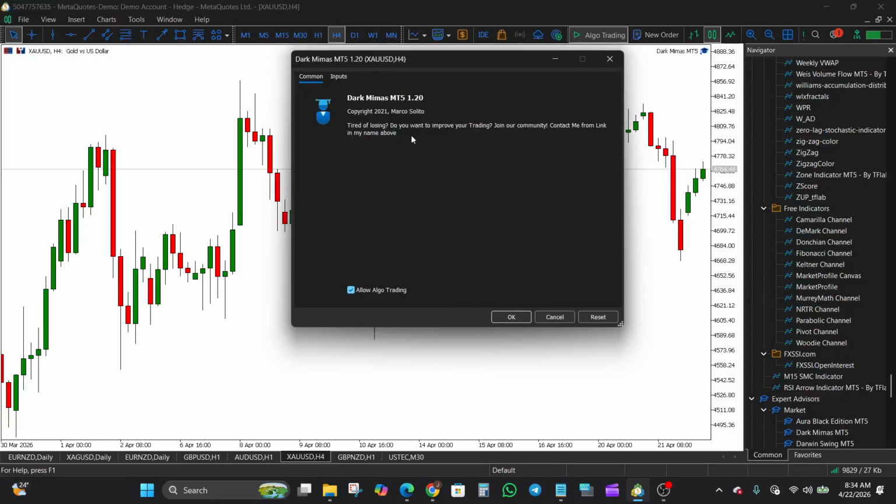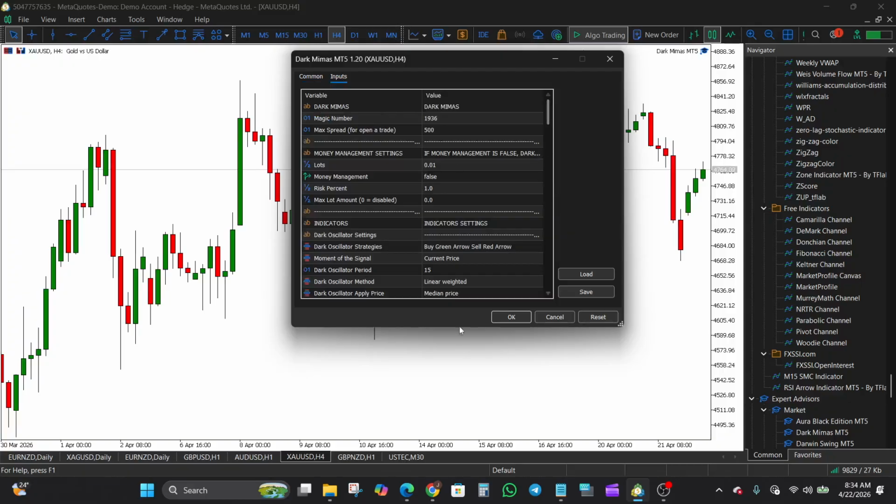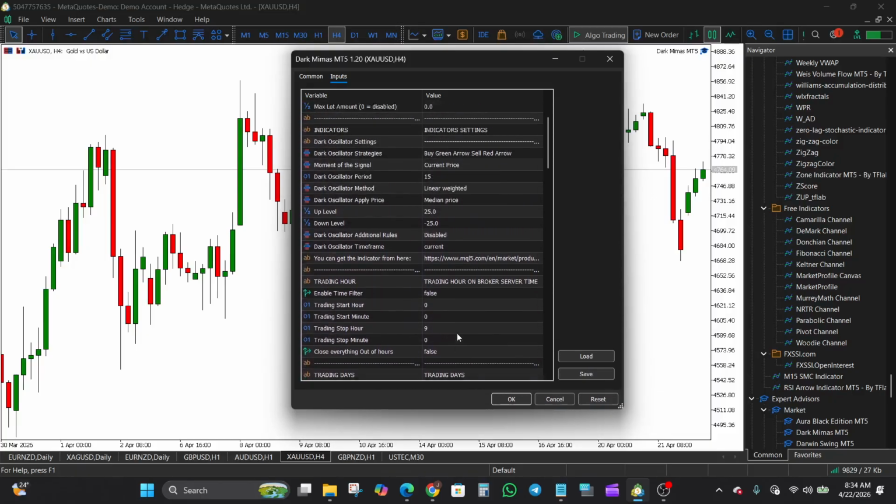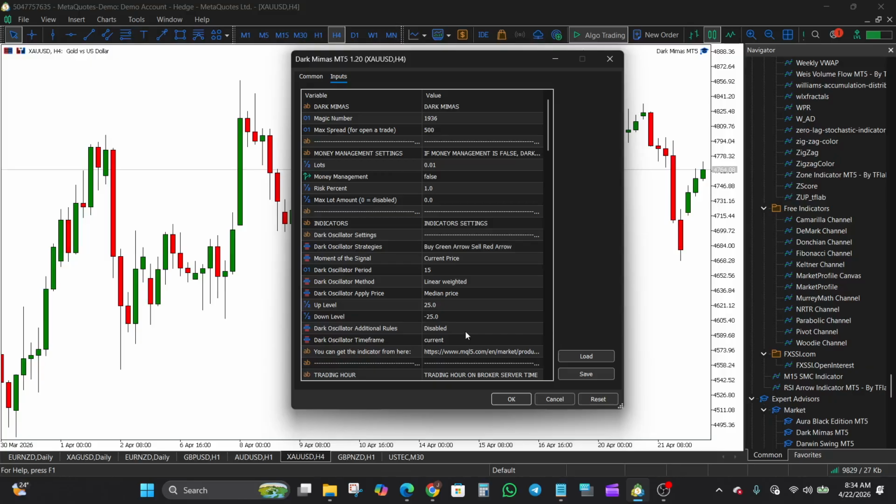So because it's a free EA, we can also add it to our chart and use it, right? Because it's free. But we have to backtest it to understand how it has worked in the past. You can see that there are quite a good number of customizable settings here.